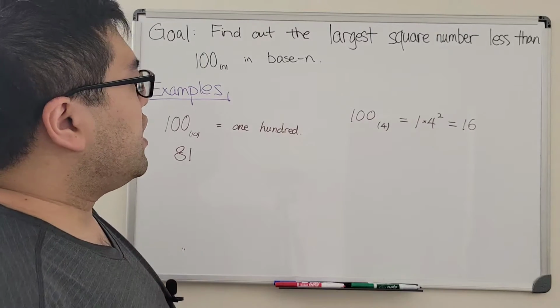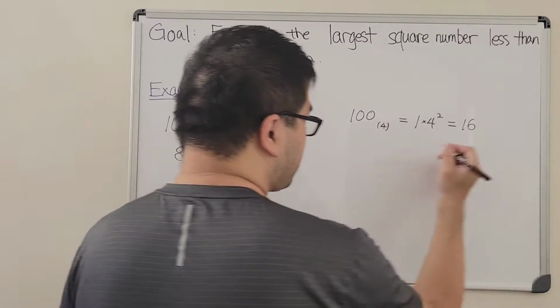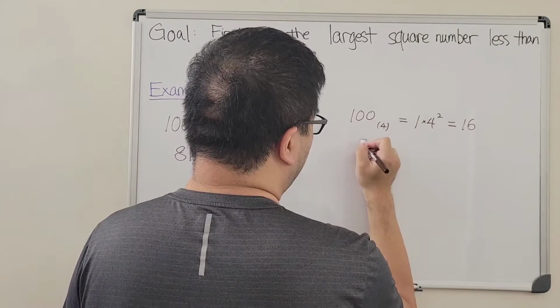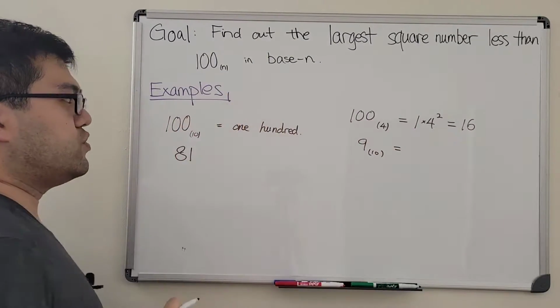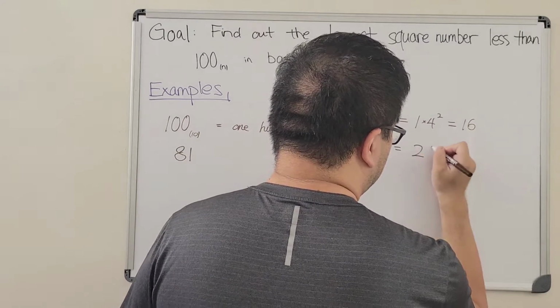So the largest square number less than 16 is 9, which is right in this form. And again, we need to convert it back into base 4, which is written as this.